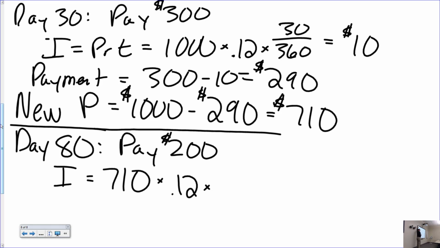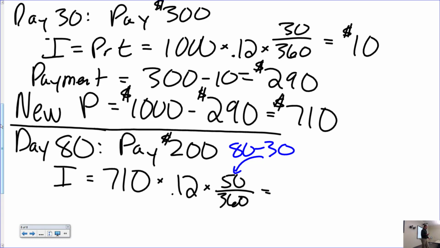Do I have to pay it again? No. So I only borrowed this money from the 30th to the 80th day. So note, 50 days' worth of interest from the 30th day to the 80th day. So be a little bit careful calculating how many days, because you reset the loan to day 30.